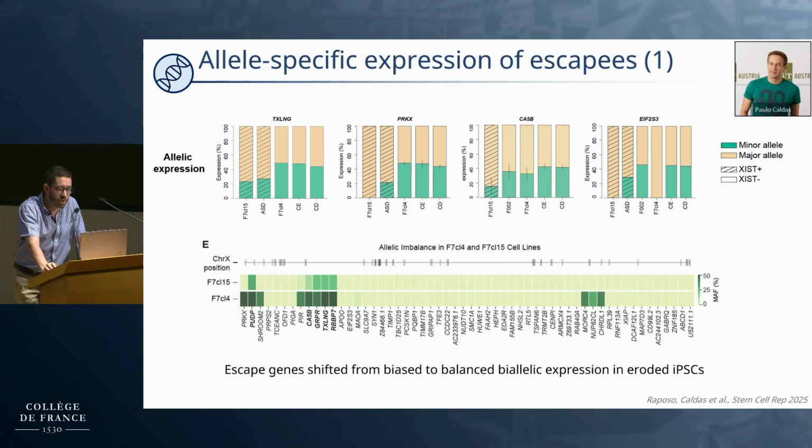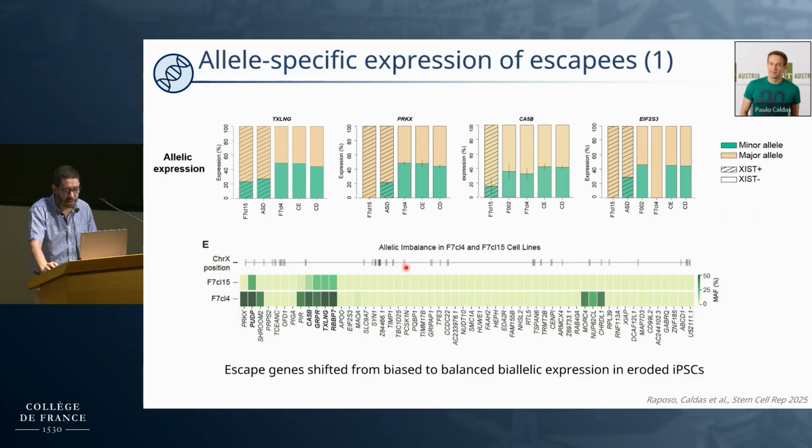Next, we thought of using this allele-specific expression analysis to know what was happening to escape genes. And what we observed was a consistent shift from biased expression towards one allele in our XIST-positive cells to balanced biallelic expression, with expression from two X chromosomes, in our eroded cell lines, and this was happening to several of these escapee genes.